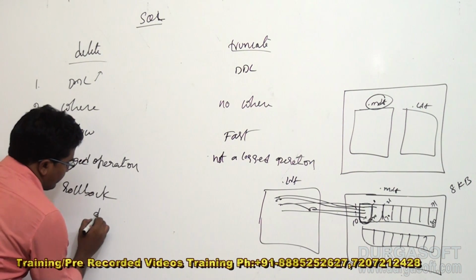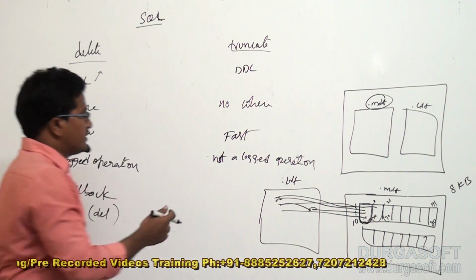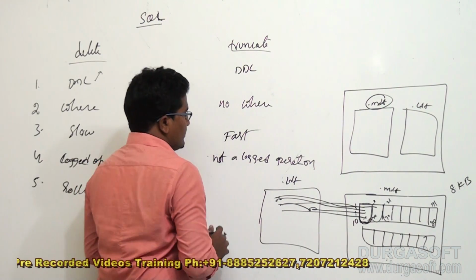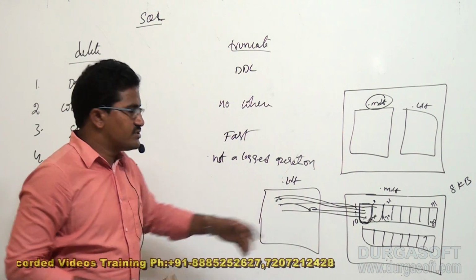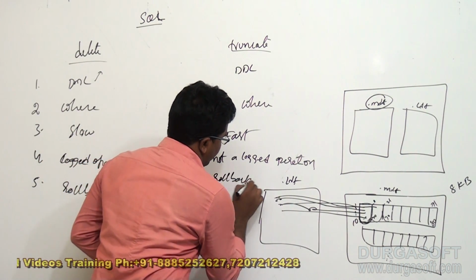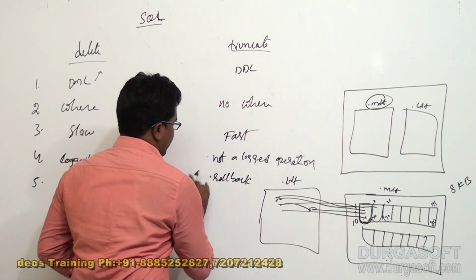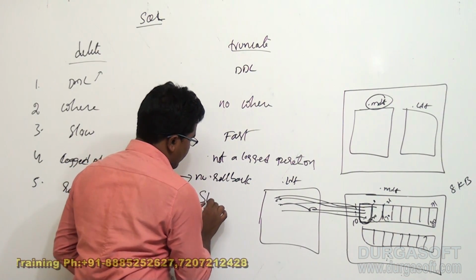Example like this, we use a delete button in the computer. In the same case, in truncate, it doesn't store the log data, right? So there is no rollback concept. It's like a shift plus delete.